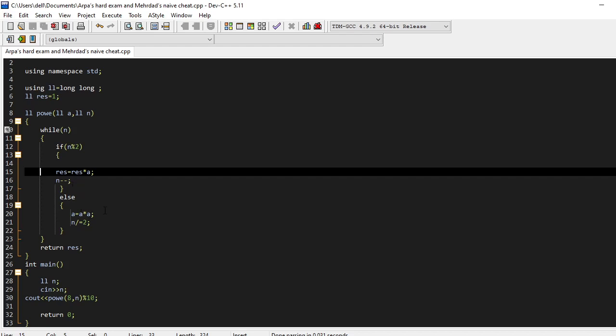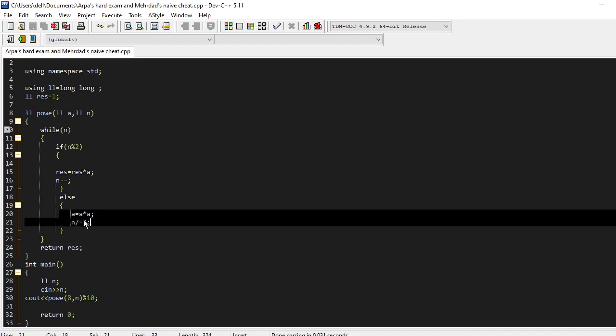But if it is even, then we square the base and divide the exponent by 2. Here the base is a and the exponent is n.